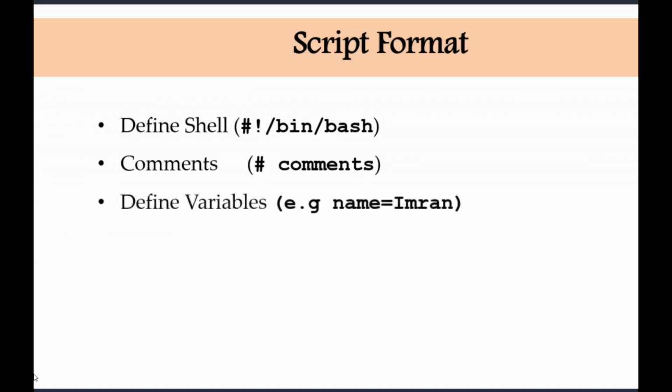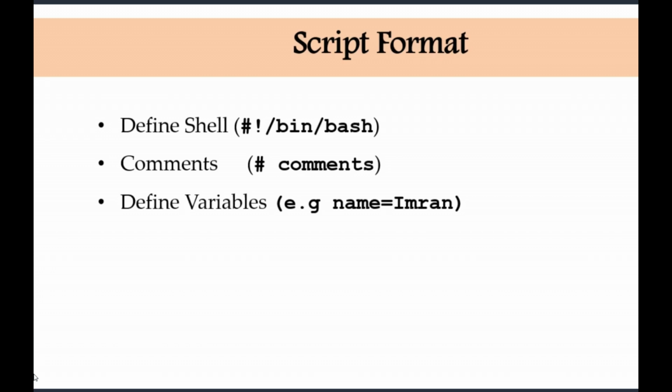Then define variables. Variables, what those variables are, we'll cover that. Not to worry about it, but just to let you know quickly, a variable is just like an alias. If you have a long command or if you have a bunch of emails, what people do is they give it a letter equals the whole big command, and that becomes their variable.